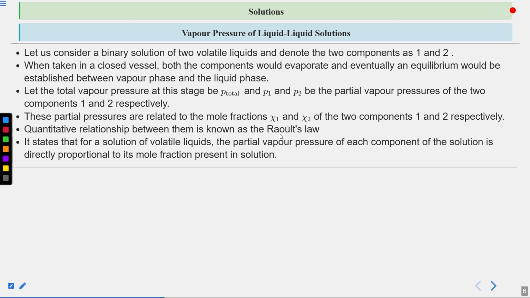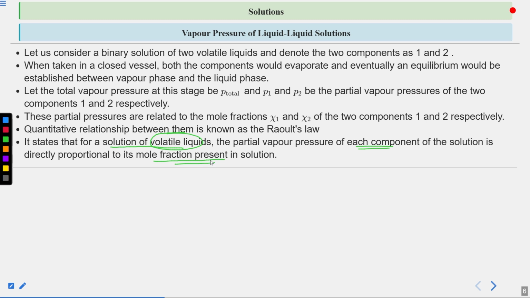What does Raoult's law state? It states that for a solution of volatile liquids, the partial pressure of each component is directly proportional to its mole fraction in the solution. So the vapor pressure developed above the liquid solution is directly proportional to the mole fraction of each of the components that are present in the solution and are volatile at the same time.